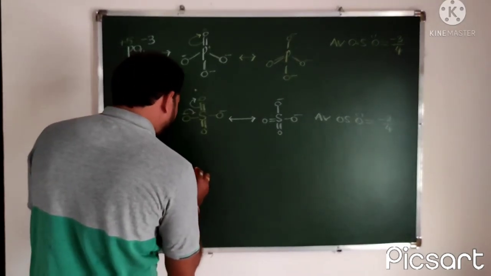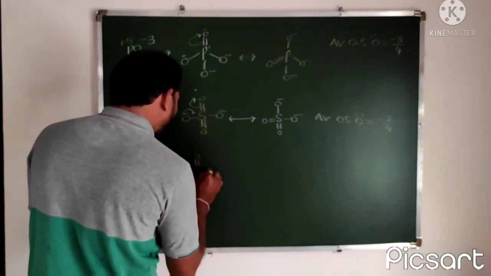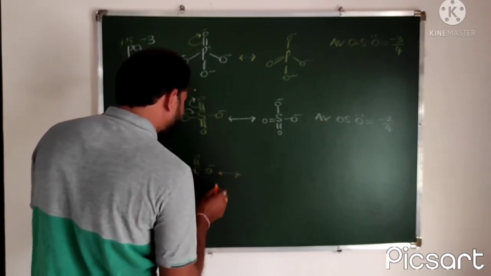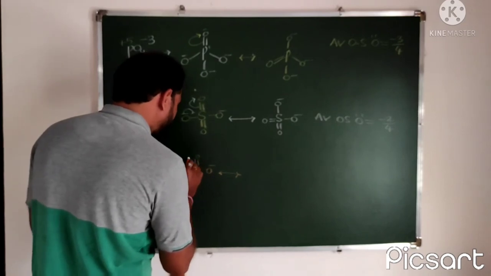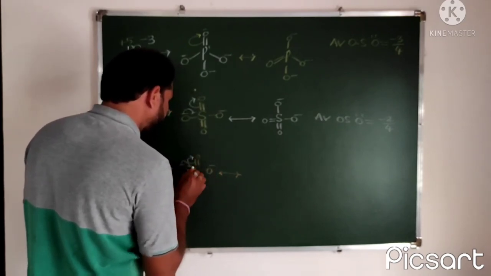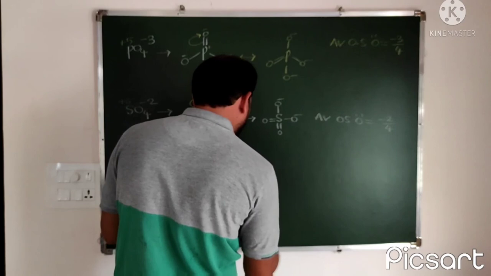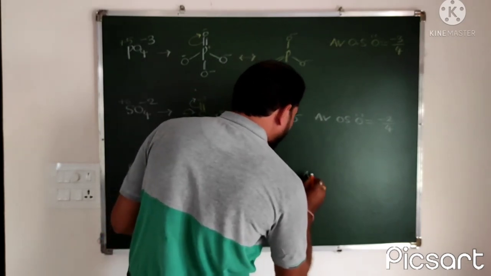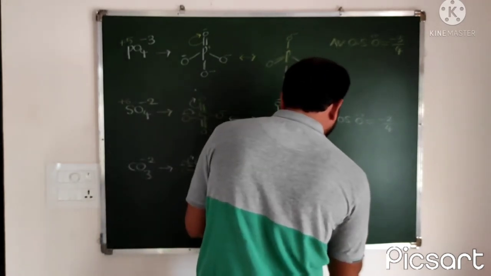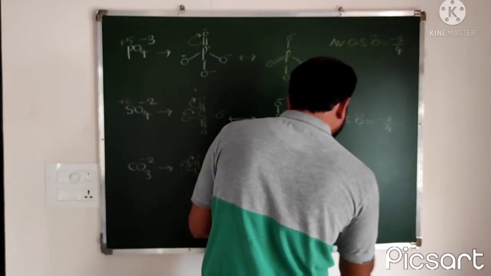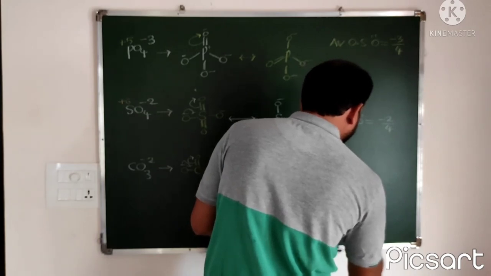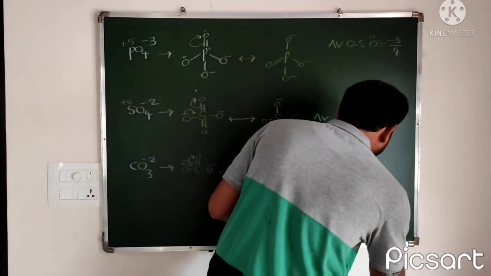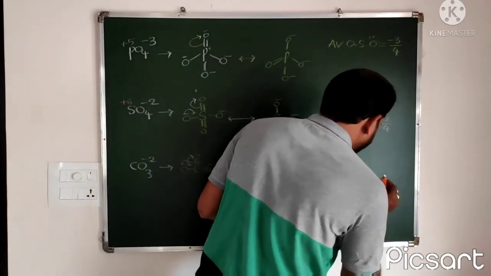Then what about carbonate? The structure of carbonate is C double bond O, O minus, here O minus. Here also resonance stabilization is possible by this electron moving and participating here. Then it results in O double bond C, O minus, O minus. Therefore the average oxidation state of oxygen here is the total charge divided by the number of oxygens, therefore minus 2 divided by 3.